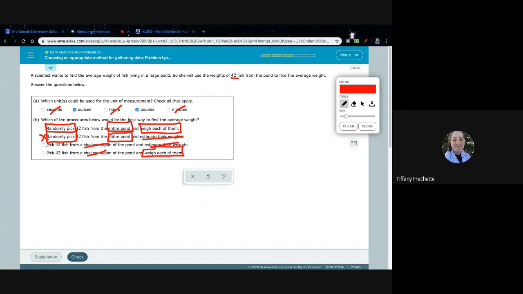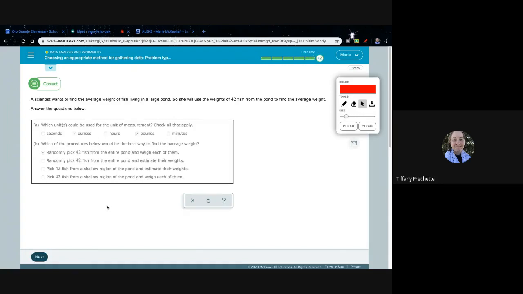And this says pick 42 fish. It doesn't say randomly pick 42 fish. So I'm not sure how she's picking them. If it's just one right after the other from the shallow region, it's a little less random being all in the same region, but they're not using the word random. So we don't like these last 2. The only one I really like is that first one there. So let's clear this and hit check. All right, we finished that one. Yay.